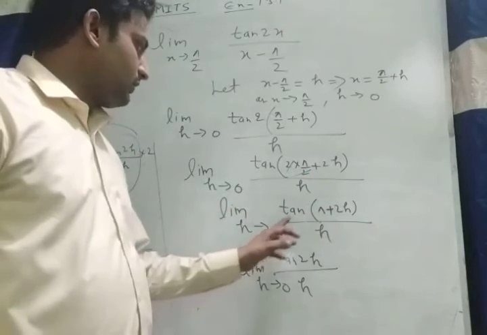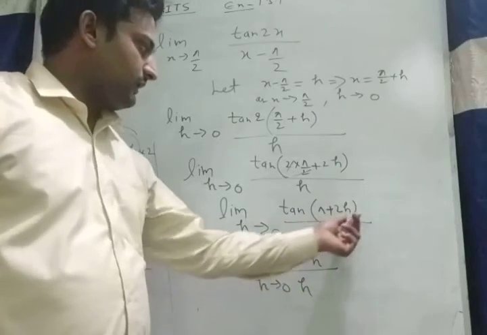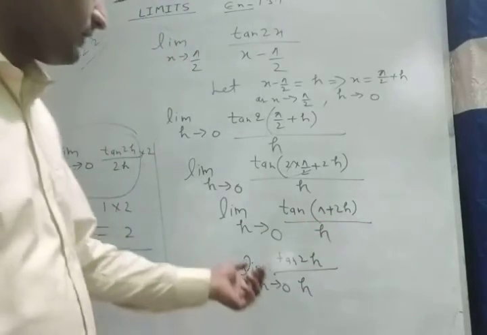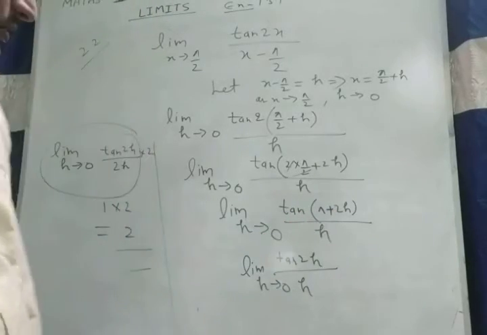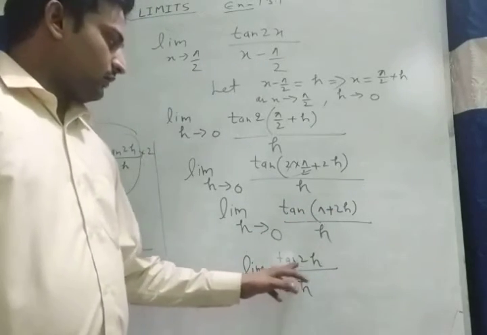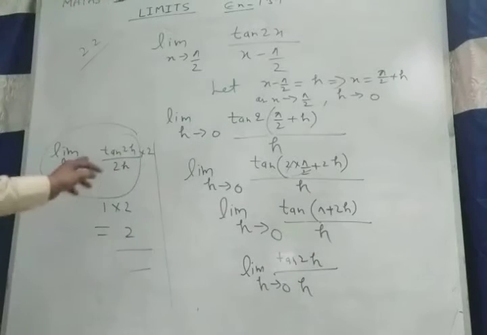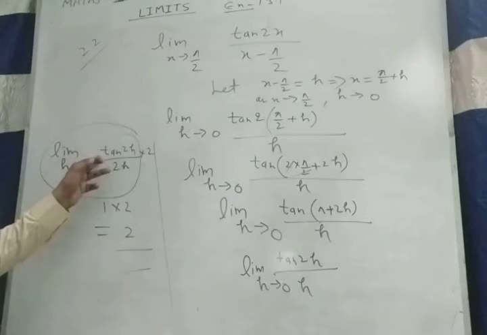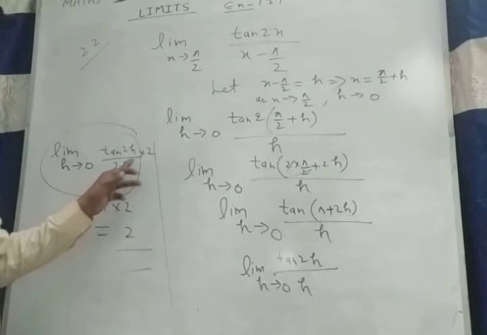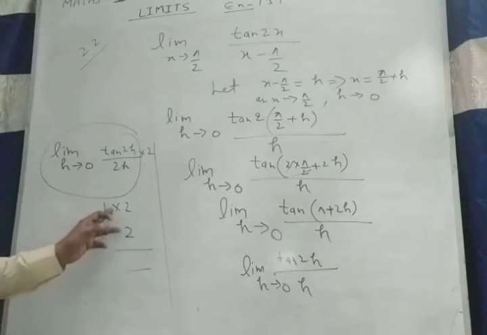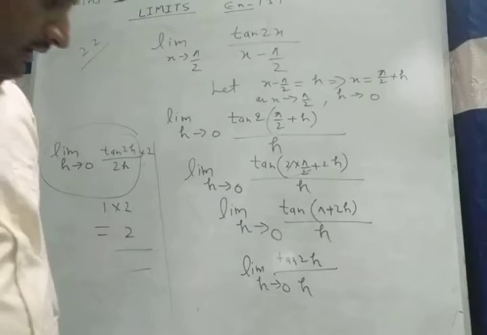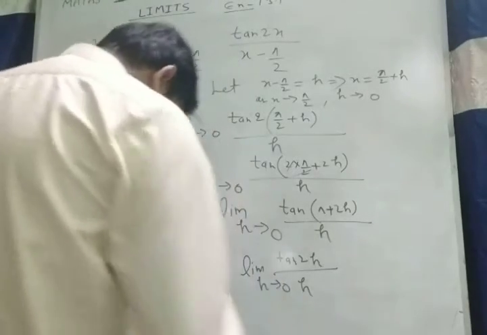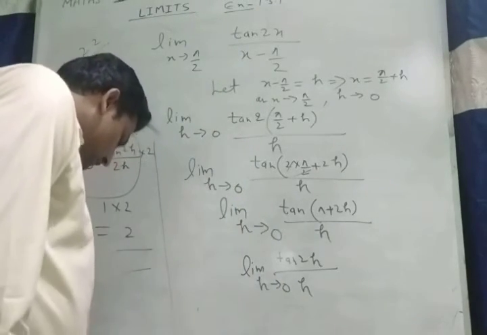Limit h tends to 0, tan pi plus theta upon h. Now this tan pi plus theta is tan theta. Okay. So tan 2h by h. Now we can write tan 2h upon 2h into 2, and this is the value 1 and 2. So the value is finally 2. Now the next question.